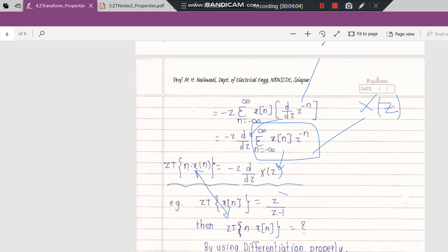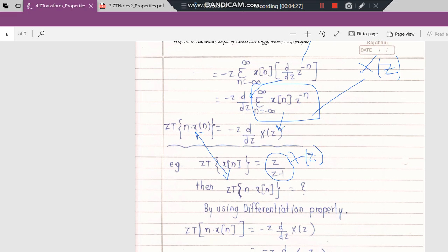So this is my x of z. If I take the derivative of this x of z, the derivative of z upon z minus 1, and multiply it by minus z, I will get the Z transform of n into x of n. That is so simple. By using the differentiation property, the Z transform of n into x of n will be simply minus z into d by dz of x of z.